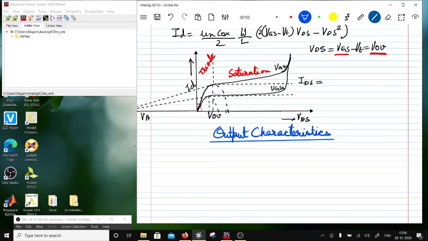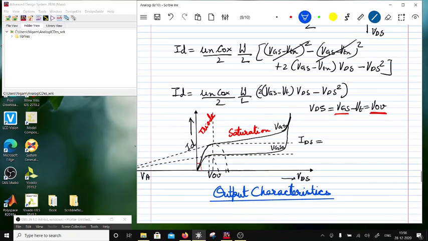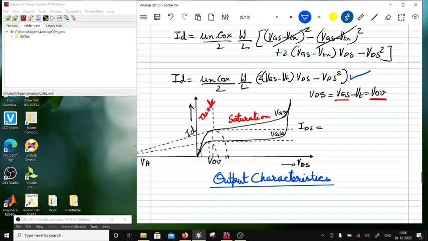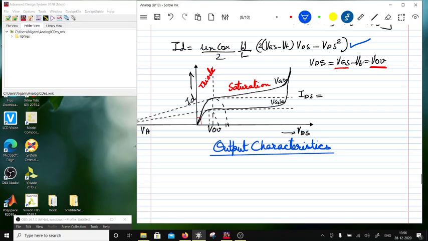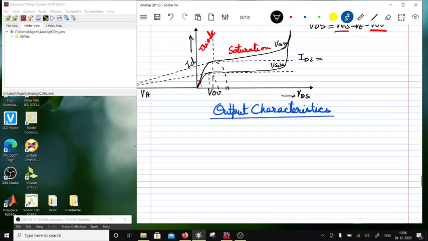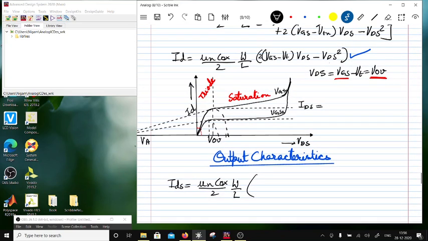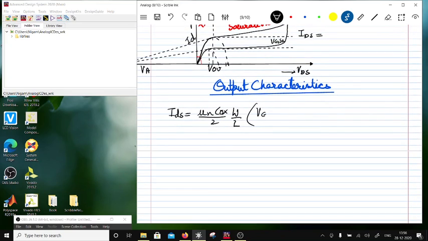Now this equation is valid only for the triode region. For the pinch off, the equation would be IDS is equal to mu NCOX by 2, W by L, twice of VGS minus VT into VGS minus VT. So we are substituting this over there, and we will be left with VGS minus VTN square.